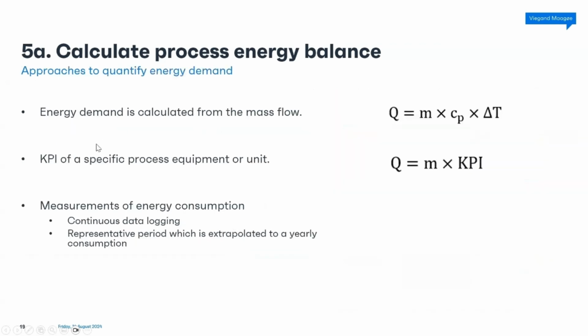You can perhaps use the calculated mass flow, that is a theoretical based energy consumption. You could also have a KPI for a specific unit that is also based on mass flow. And then if you have measurements, direct logging of your energy consumption, that can be used as well for the energy mapping.